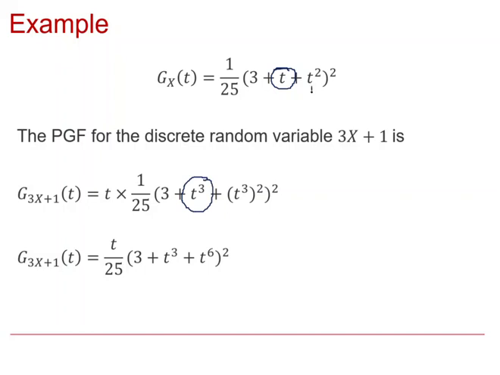We originally had t squared, we now have t cubed squared. So we can very simply multiply the original generating function by t. We've substituted t cubed where we saw t before, and this is our generating function that we can just write down directly for the discrete random variable 3x plus 1.